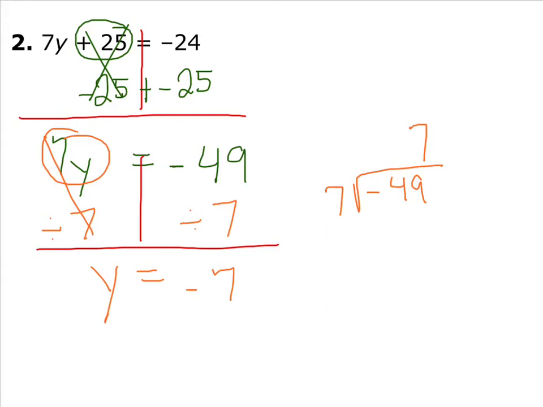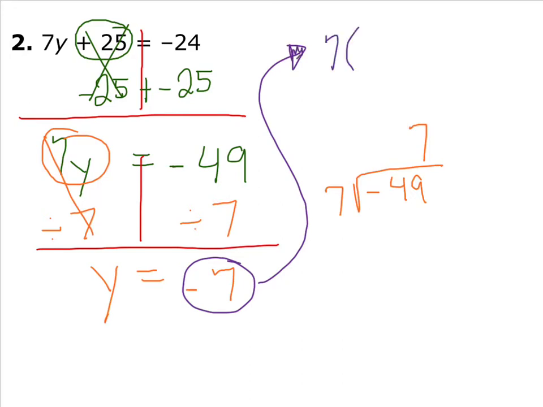Okay? Now, if you want to check this, we certainly can check these if you want. Take your answer that we got for y and substitute it back into your equation. So I could do 7 times negative 7, plus 25, and see what we get.